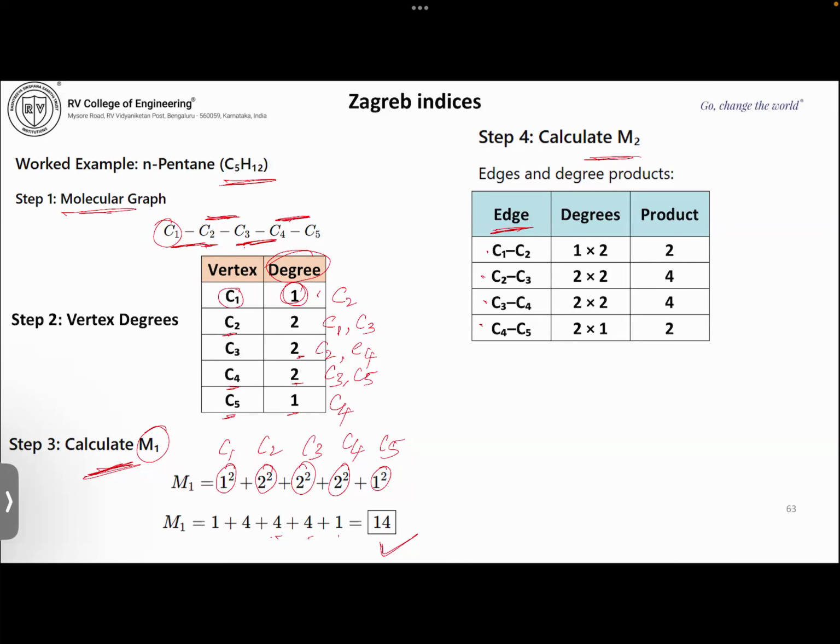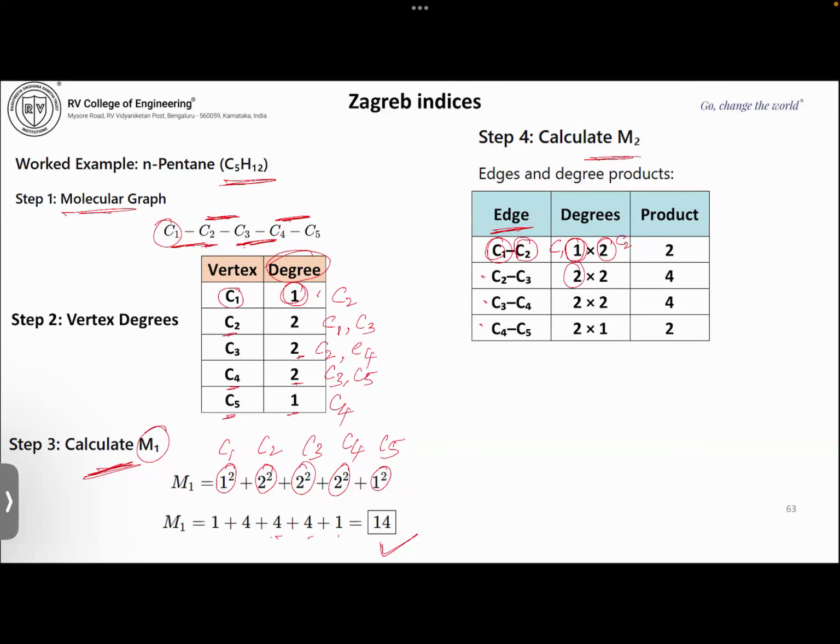Then once you identify the edge, the edge sharing vertices C1 and C2, identify the respective degrees. So C1 is attached to C2, therefore its degree is 1. But C2 is attached to C1 and C3, its degree is 2.